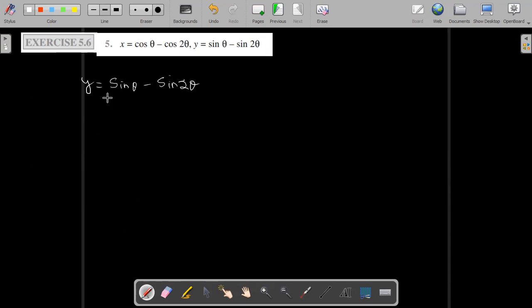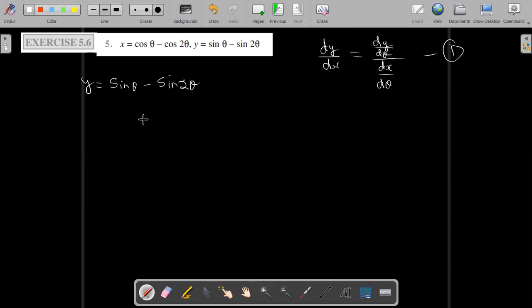So you can find dy by d theta, because we have to find dy by dx, and that is equal to dy by d theta on dx by d theta. Here we have to put the values.